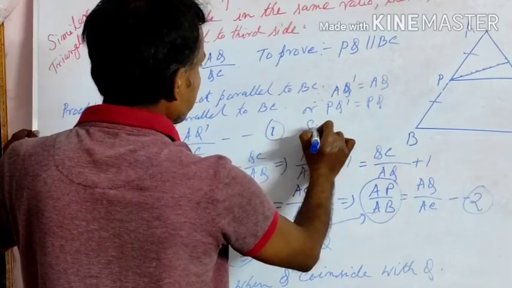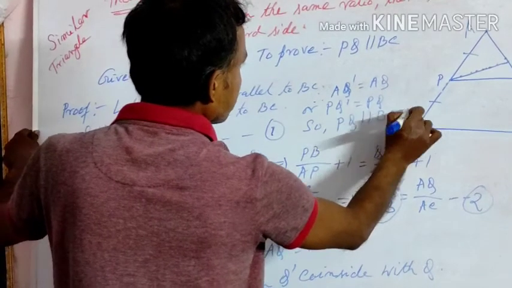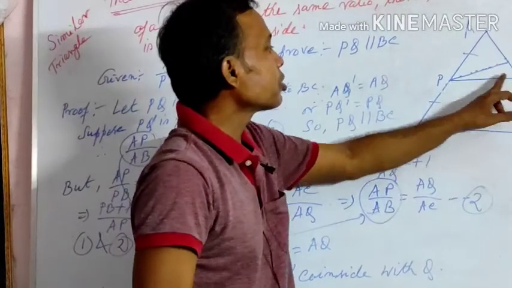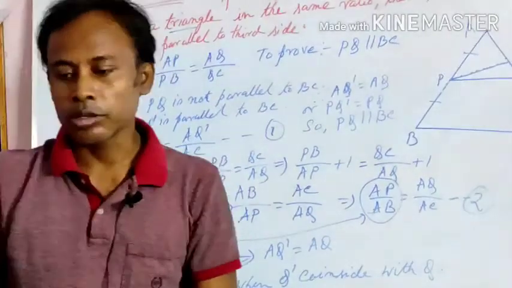So we can say PQ is parallel to BC. PQ dash is equal to PQ, that is PQ parallel BC. So in this way you can easily prove it.